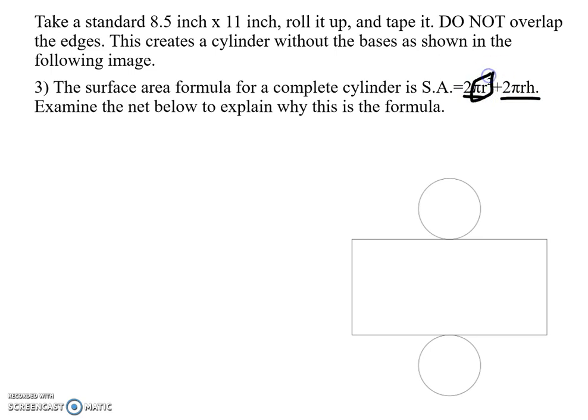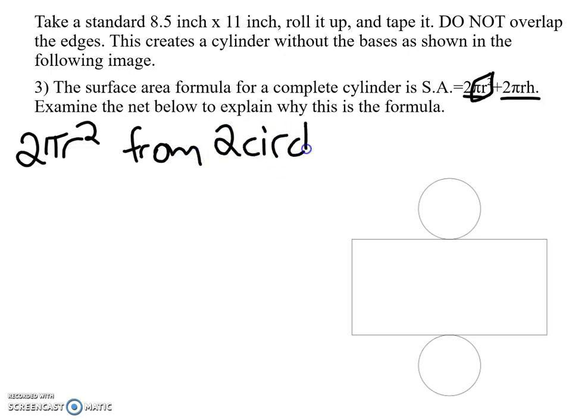The pi r squared, that should make somewhat sense because pi r squared is the area of a circle. So the 2 pi r squared comes from the two circles, if we say that their radius is r. And we know that those circles have to be congruent to one another.